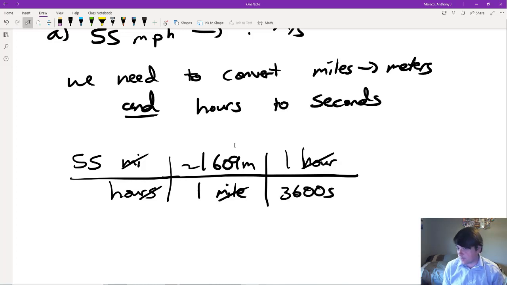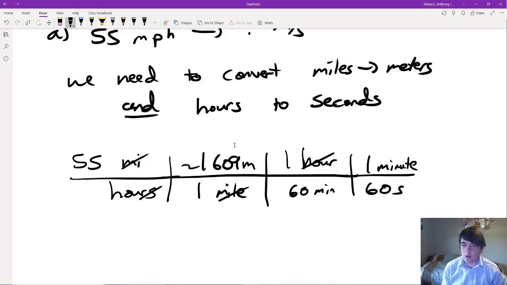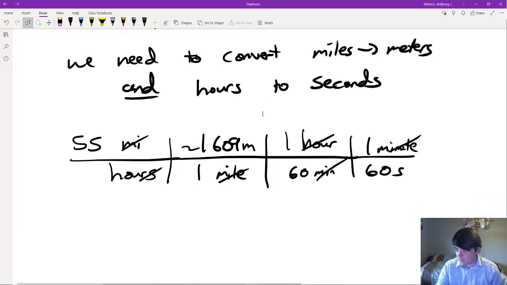If you don't want to do it that way, you can do minutes. In 1 hour, there's 60 minutes, and in 1 minute there are 60 seconds. Either way, because 60 times 60 is 3,600, you'll wind up with the same answer.